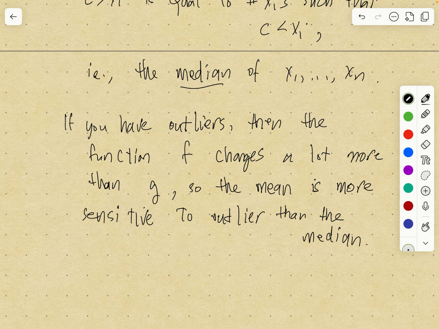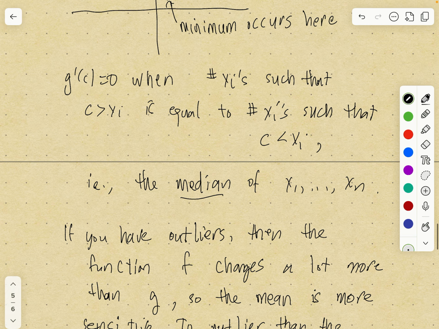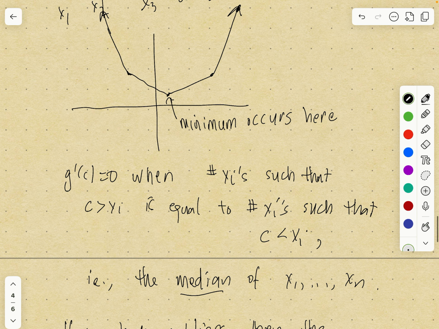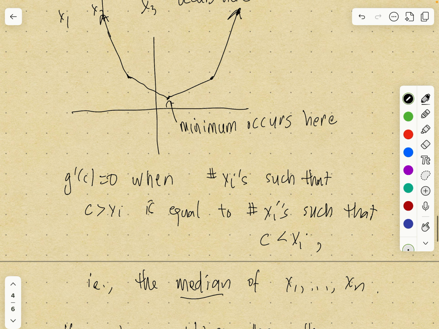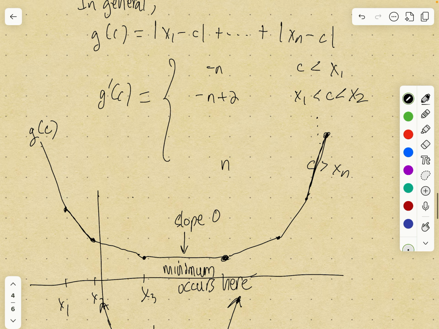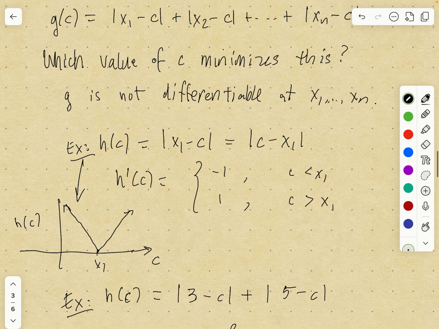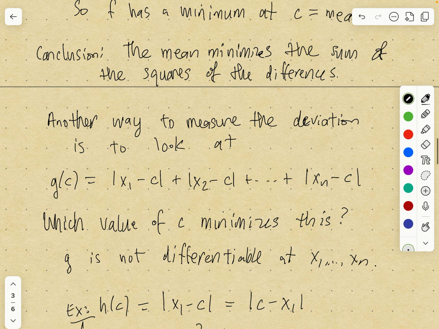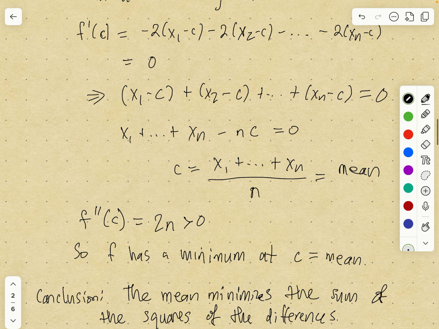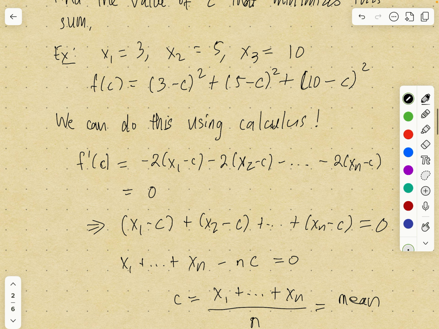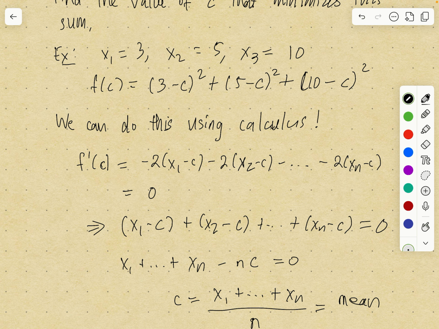That's probably something you learned when you learned about the mean and median, but now we see from the perspective of calculus why that is the case. Because the mean is minimizing the sum of the squares, and the median is minimizing the sum of the absolute values of the differences.